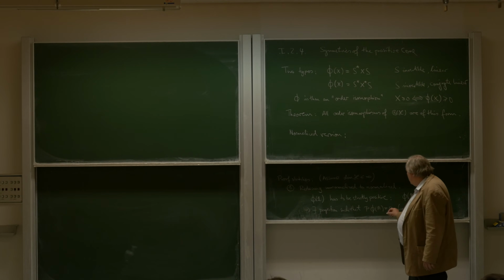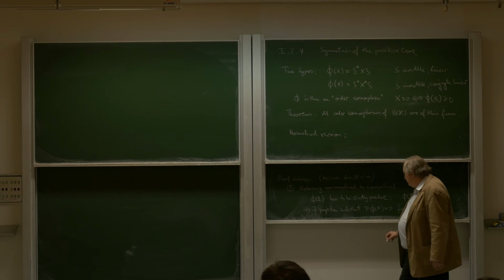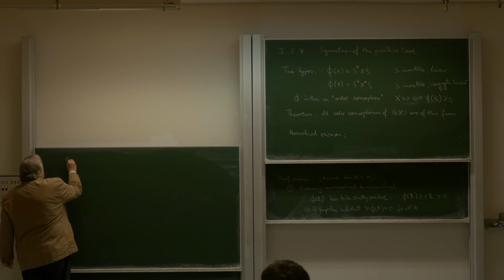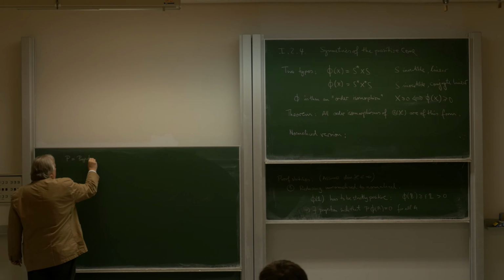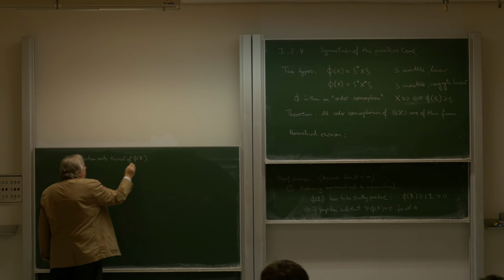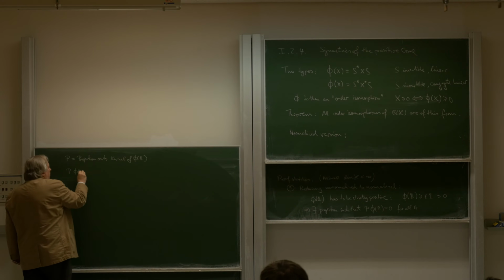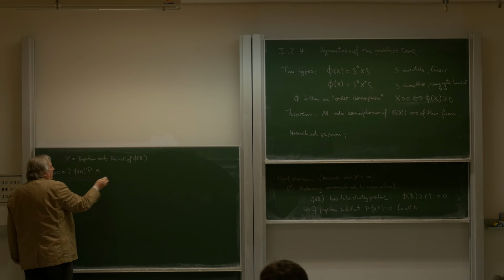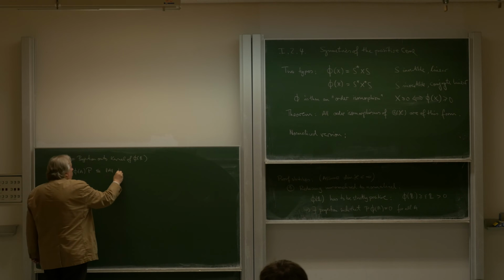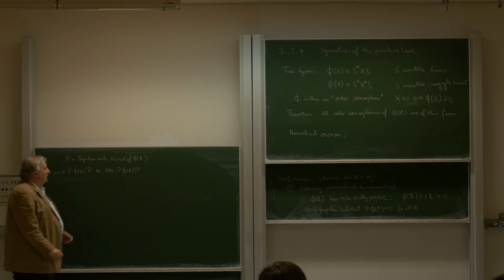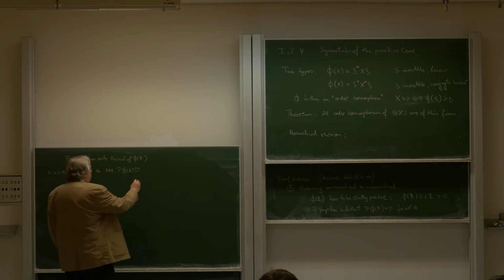And because A is less than a multiple of the identity, so P is actually the projection onto the kernel of phi of 1, and then we would always have that P phi of A P, for A positive, would be less than the norm of A times P phi of identity P, but this is the projection onto the null space of this operator, so this would be 0.